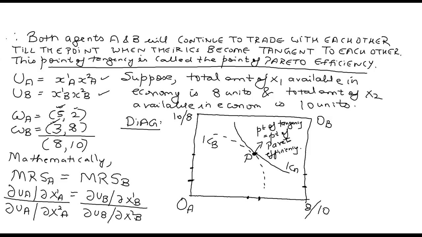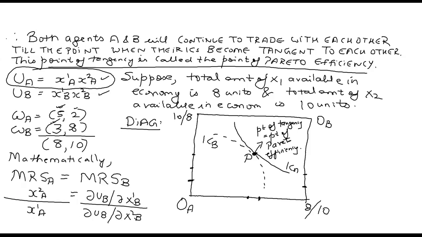Now if I differentiate the utility function of agent A with respect to X1A, I get X2A. If I differentiate it with respect to X2A, I get X1A.